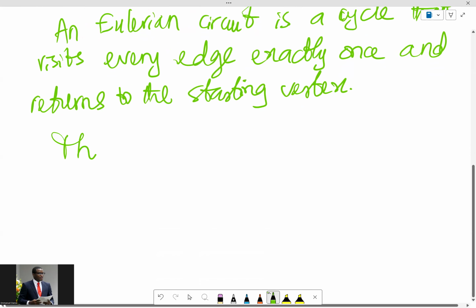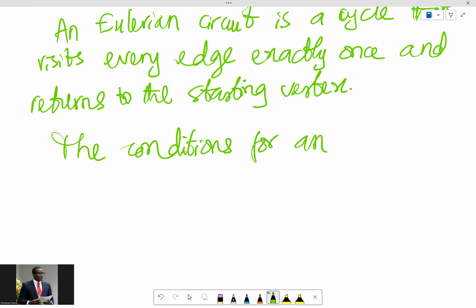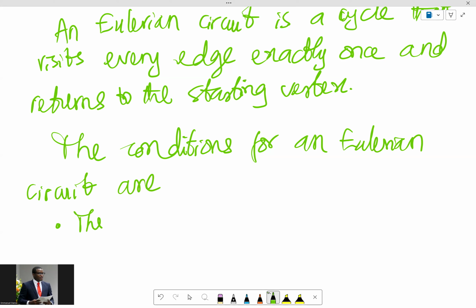The conditions for an Eulerian circuit are, one, the graph must be connected.